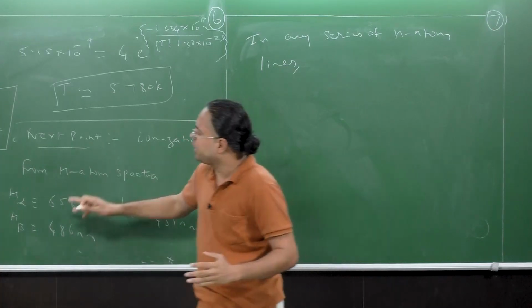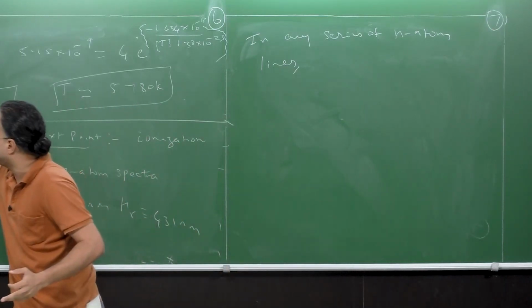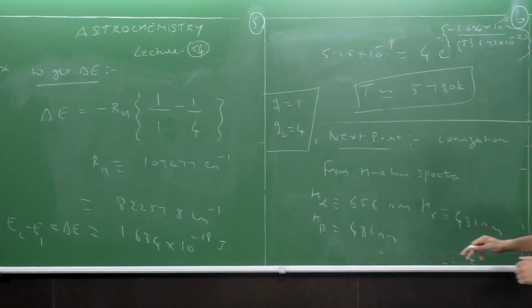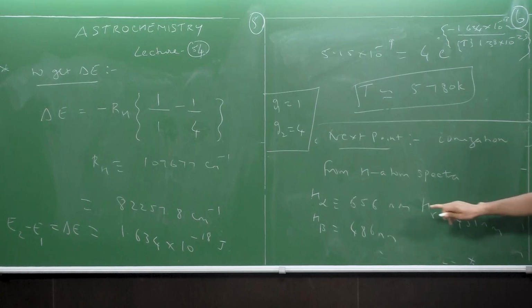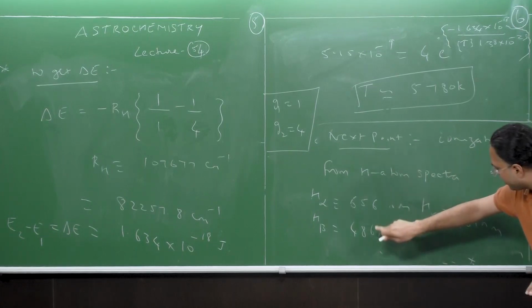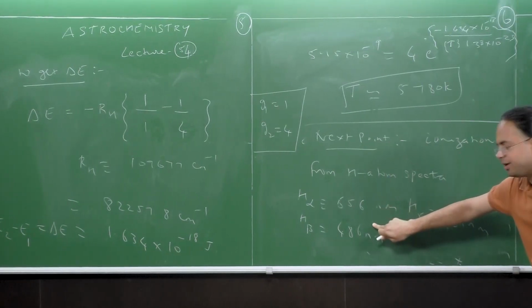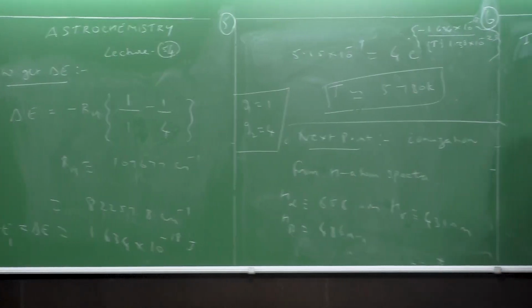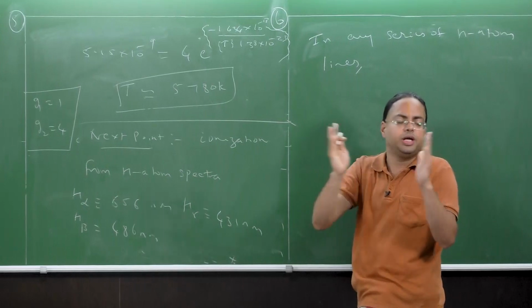The line difference is entirely dependent on the delta E, which can be seen from this formula. The difference between H alpha and H beta is close to 180 nanometers, but the next is only 50 nanometers. So you progressively keep going between any two lines.